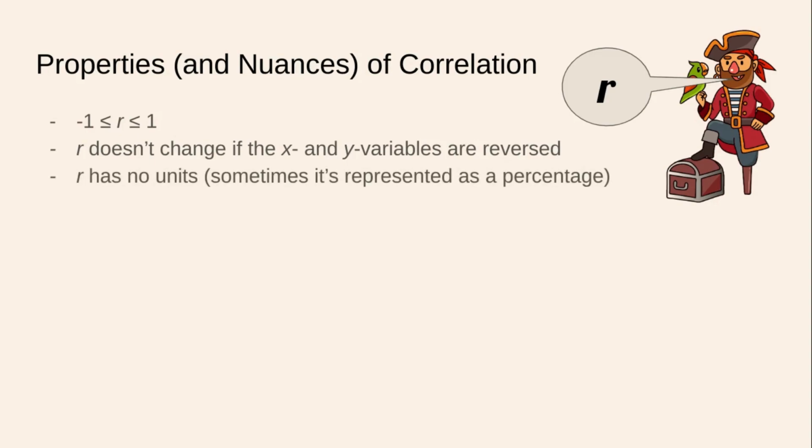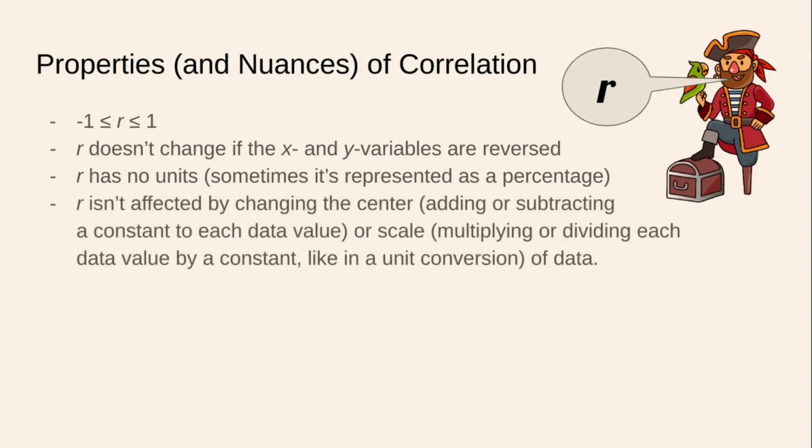R has no units. Sometimes it is represented as a percentage, but it technically does not have any units. And I'll let you think about why that's true. Consider how we get R. You might want to look at the prior video if you're curious. R is not affected by changing the center or scale of data.